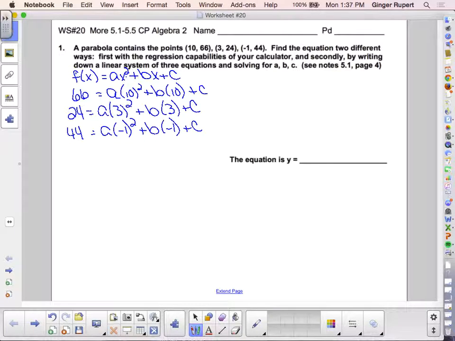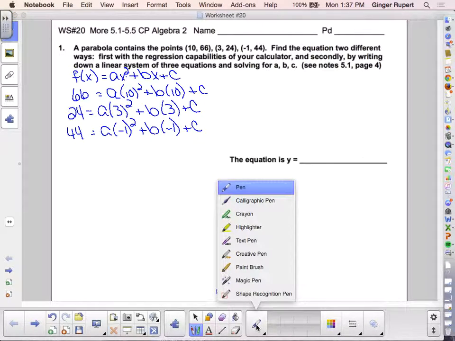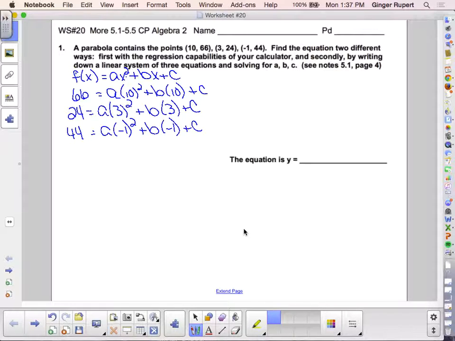Okay, so from these three equations right here, you should be able to get a 3 by 3, three equations, three unknowns, and then we're going to write that as a matrix equation.